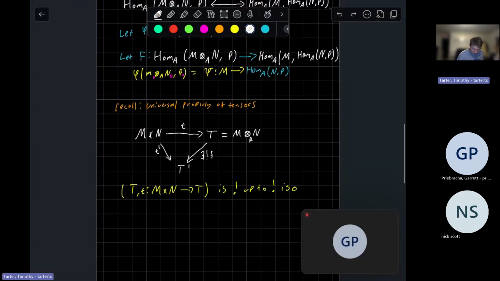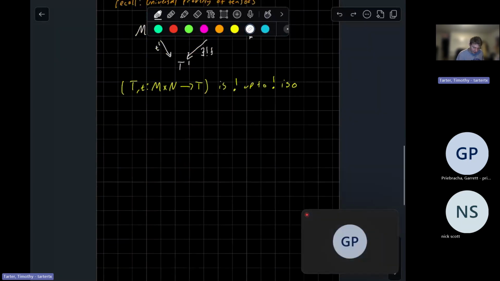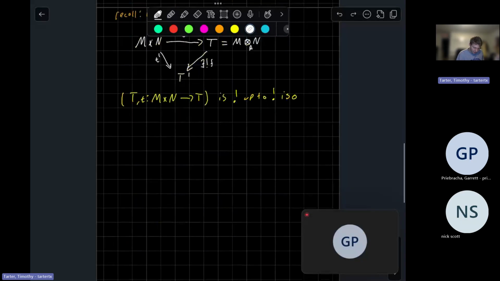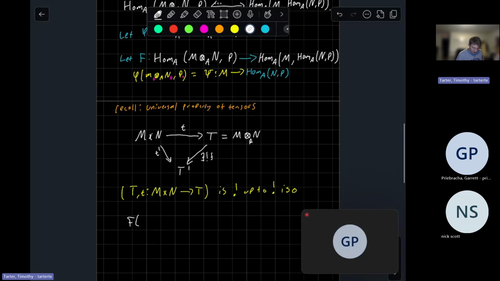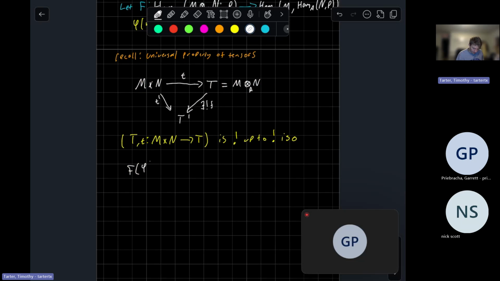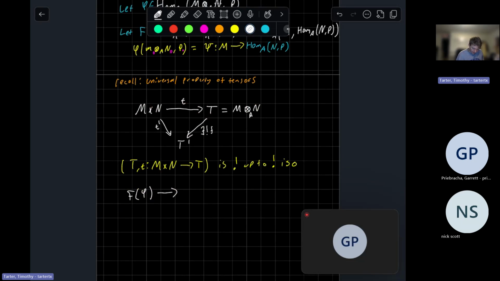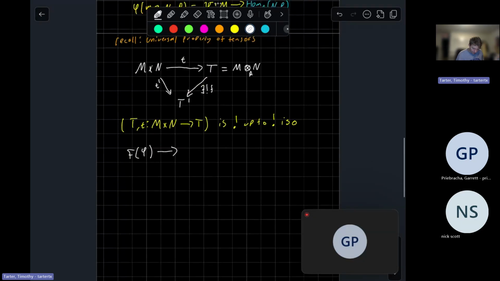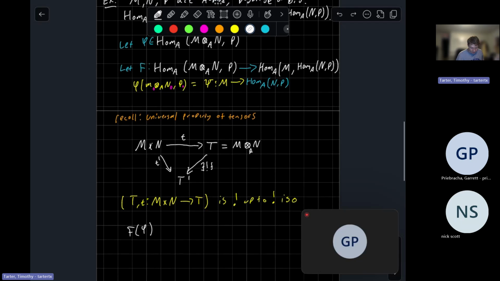Not exactly. Okay. What we're going to use is that essentially we're taking f of phi, and this is getting sent to f of phi, right?